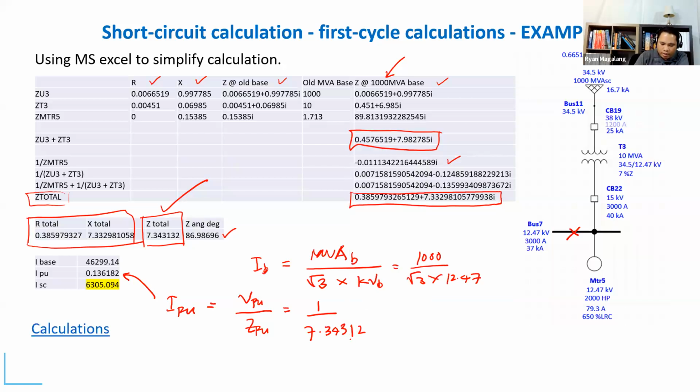So I have this value 0.013, and now simply to get the final fault current is to simply multiply I base times I per unit, and that's what we did here. So these two multiplied together is this one.